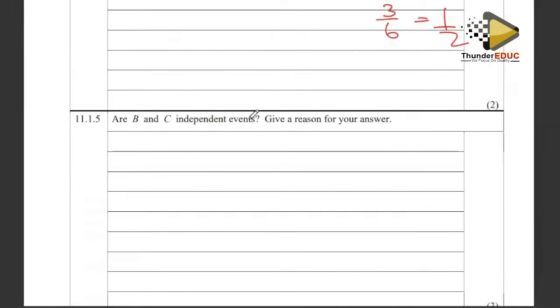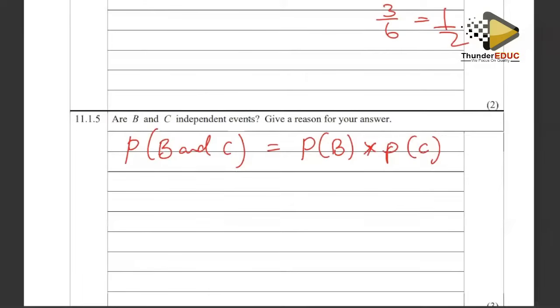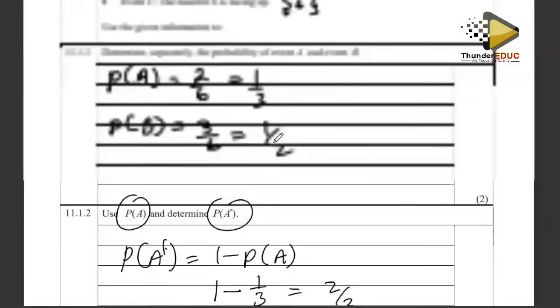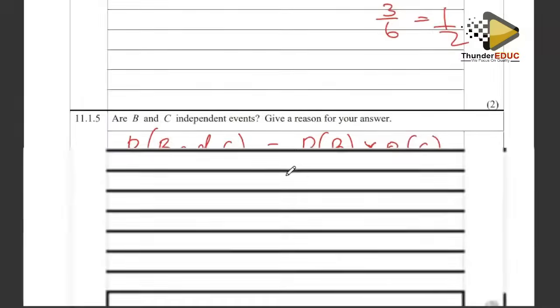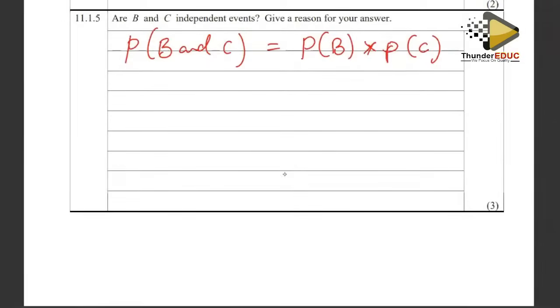Okay, then are the events B and C independent? So for independent events, we know that the probability of B and C should be the same as the probability of B times the probability of C. So how many events are there between B and C? We're seeing just the 6, which is one event or one element. So we're going to say it's 1/6. Probability of B, how many elements do we have in B?